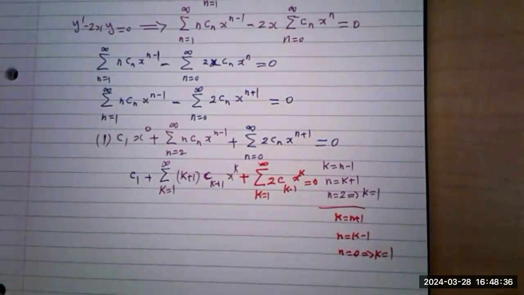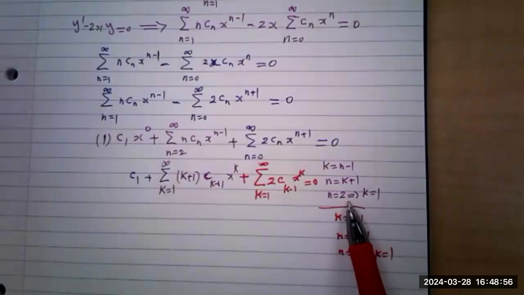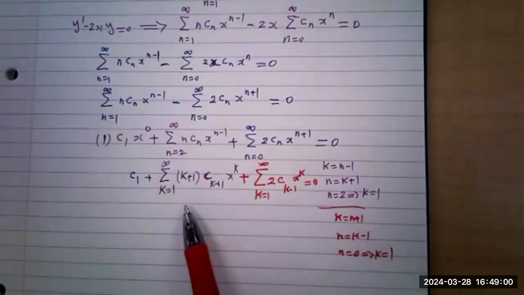Any question? Yes. Why did we change the minus to a plus sign on the third line? Where is the minus? Like two lines up, between the two series on the third line.